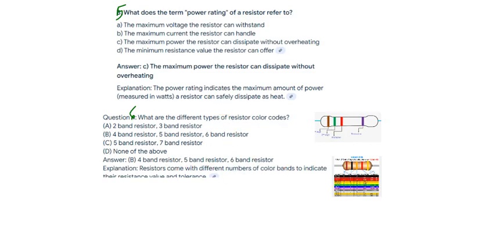This is a 4-band resistor. Below is a 5-band resistor, with bands 1, 2, 3, 4, 5. A 6-band resistor is also there.